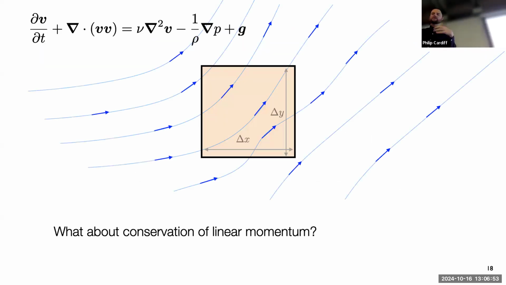So I'm going to do a similar look into the conservation of linear momentum. Conservation of linear momentum, as I said before, the left-hand side is mass by acceleration.